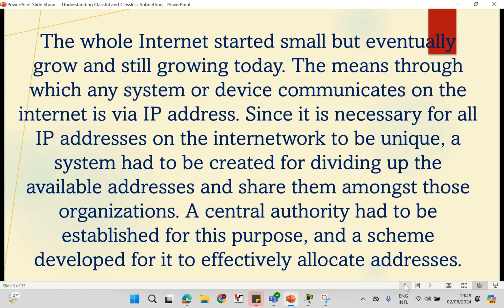The means through which any system or device communicates on the internet is via IP address. We all understand this. It is necessary for all IP addresses on the internet to be unique. Everybody cannot be bearing the same name. It's my namesake, it's your namesake, but it can't be the same surname as you.